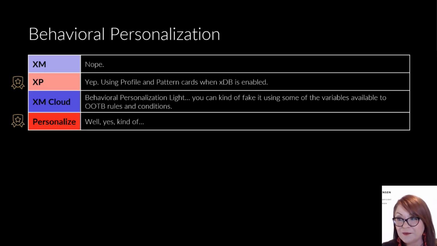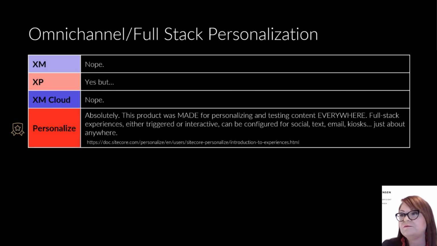And again, with Personalize, yes, you can do behavioral personalization, but we don't really call it that. You can do really complex, robust, scalable personalization tactics pretty much anywhere. Just try not to think of it as behavioral personalization. It doesn't have those neat little buckets like XP did. So XP and Personalize definitely are the winners for behavioral personalization.